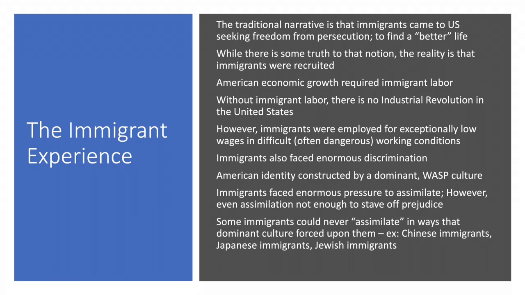But they came here expecting good paying jobs and opportunities that they may or may not have had back in Europe. Although I want to stress that Europe is economically growing as well, especially Western Europe. And so there are good economic opportunities in Europe. So I don't want to make it seem like Europe is a backwater and the United States is this area that is growing.